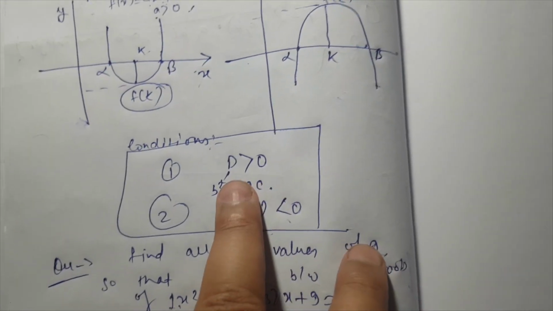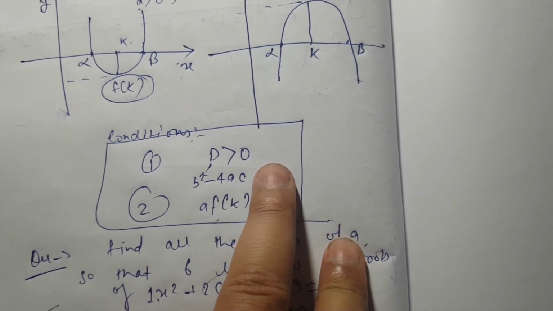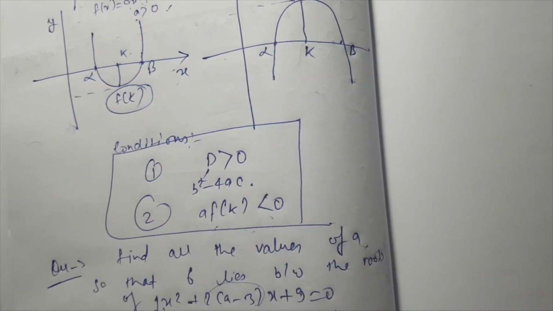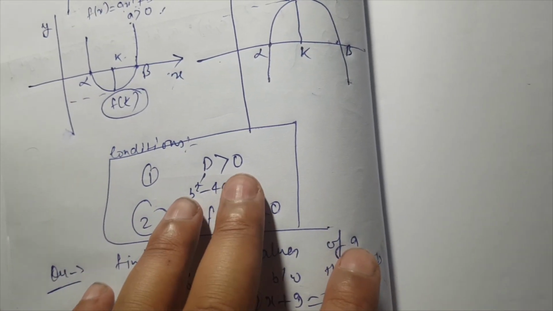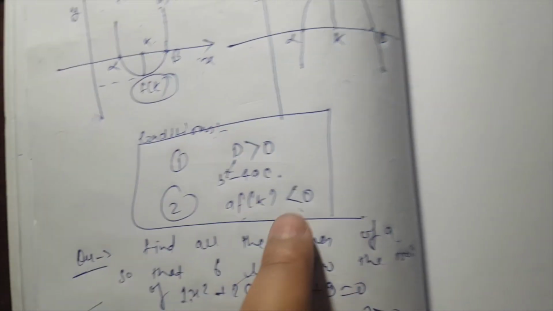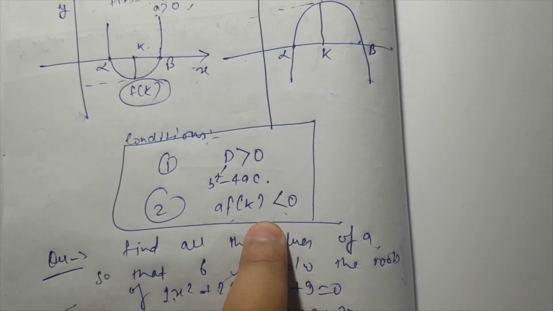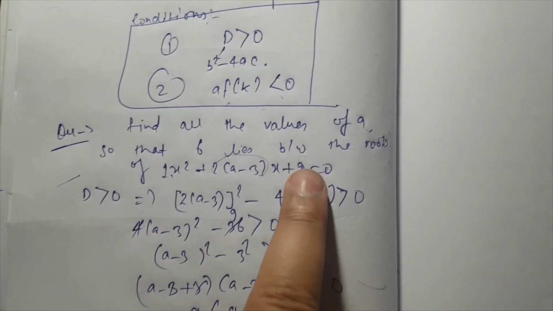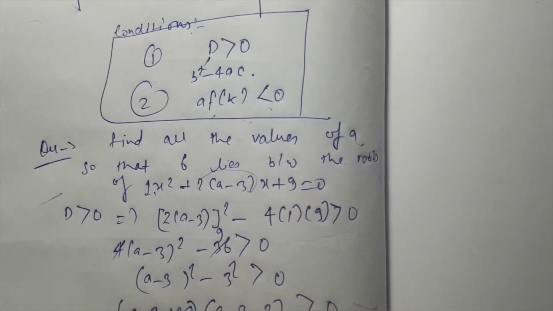The conditions were D greater than 0, because for any number k to lie between the roots of a quadratic equation, the roots should be real. That's condition 1, and condition 2 is a times f(k) less than 0, and based on that we solved the question that I showed you.